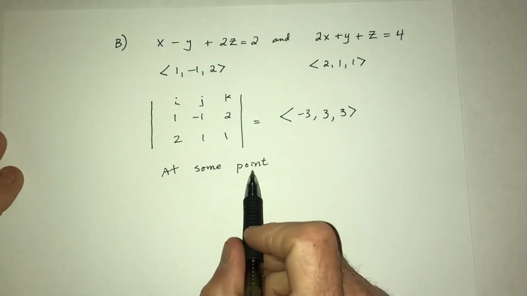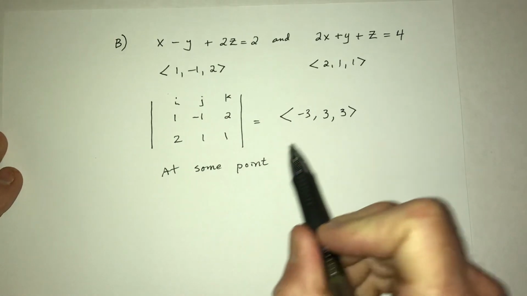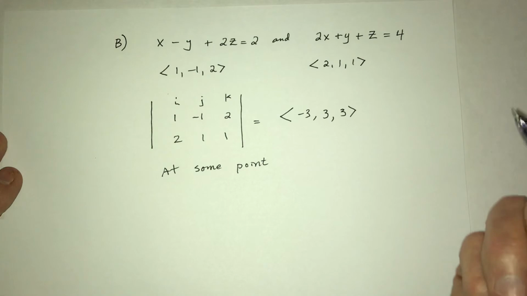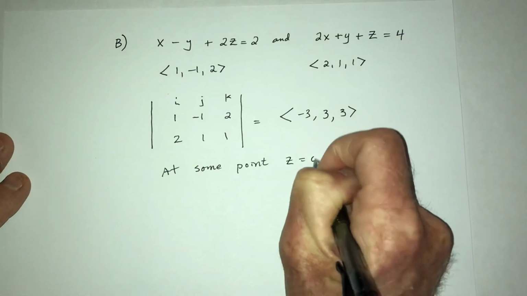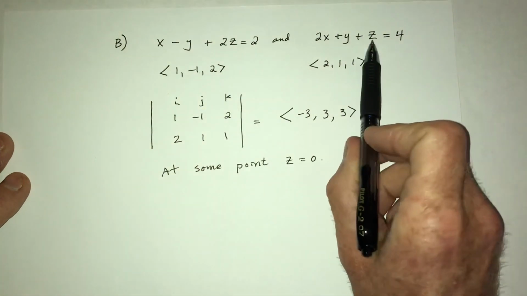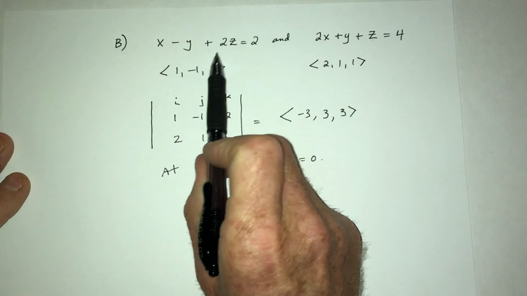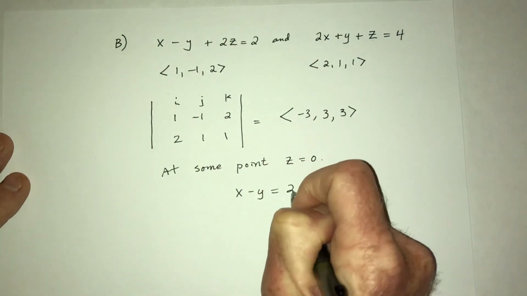So at some point in time, z will have to equal 0, because if it's a line that's going through space, it's going to have every z value eventually. So at some point, z has to equal 0. So go ahead and put that 0 right here and right here. So this equation would just become x minus y equals 2.